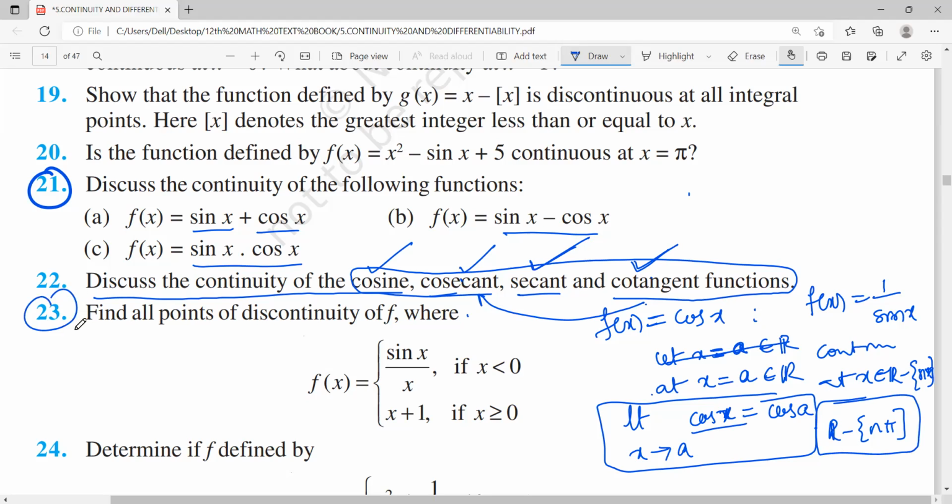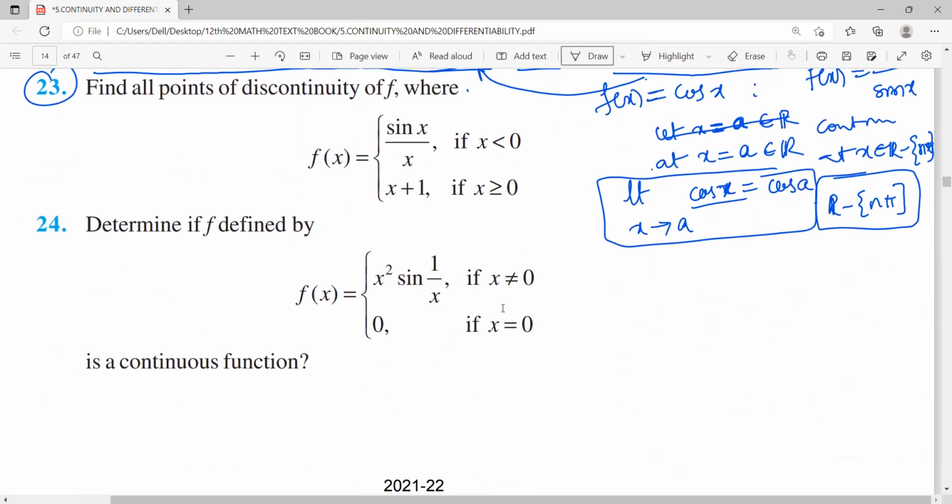Question 23: find all the points of discontinuity of f. Is there any point of discontinuity for this? We should definitely check at 0. Sin 0 by 0 is an indeterminate form.